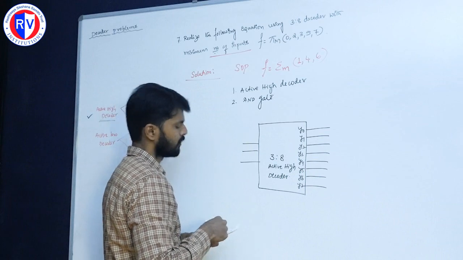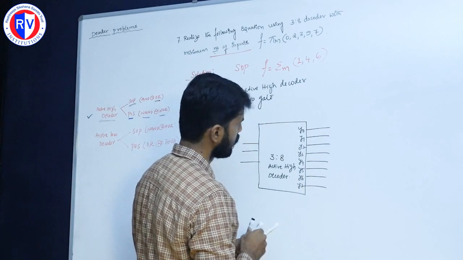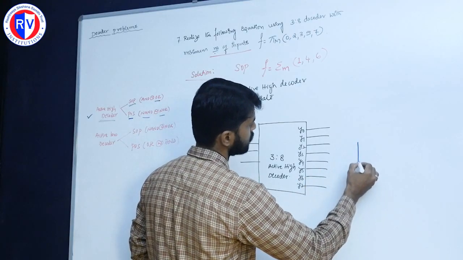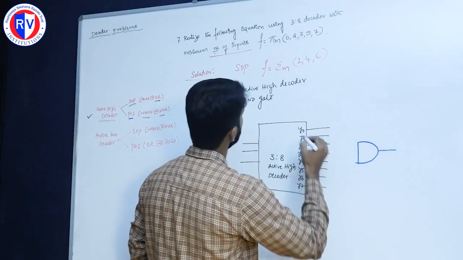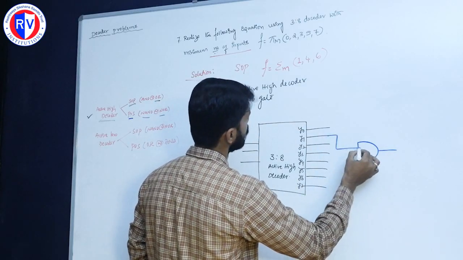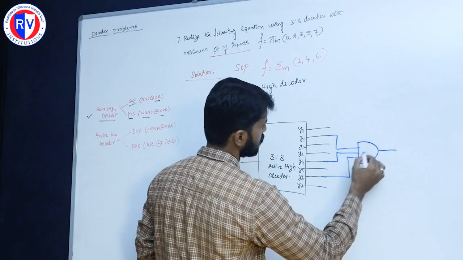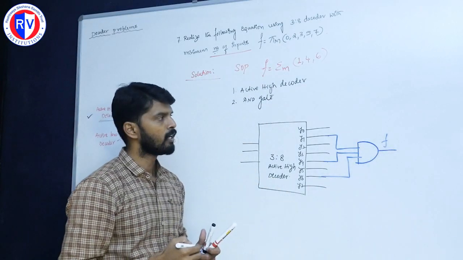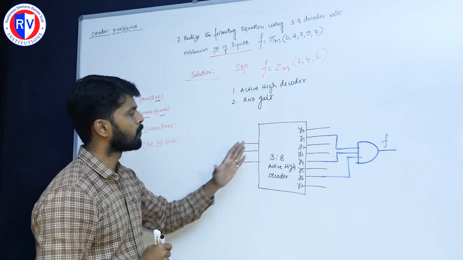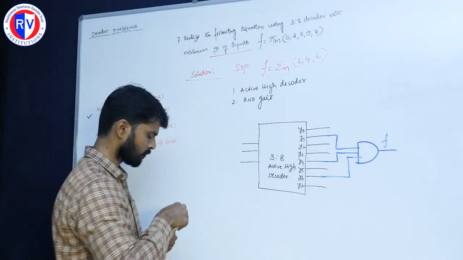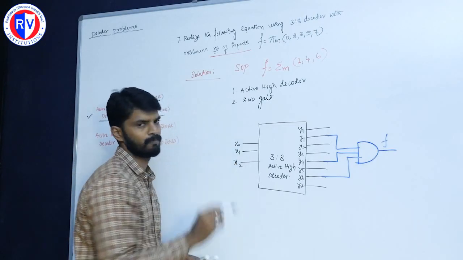And here in the output stage I am using one AND gate, with outputs 1, 4 and 6. This is how we can realize a 3:8 decoder with the minimum number of inputs. And these are X0, X1 and X2.